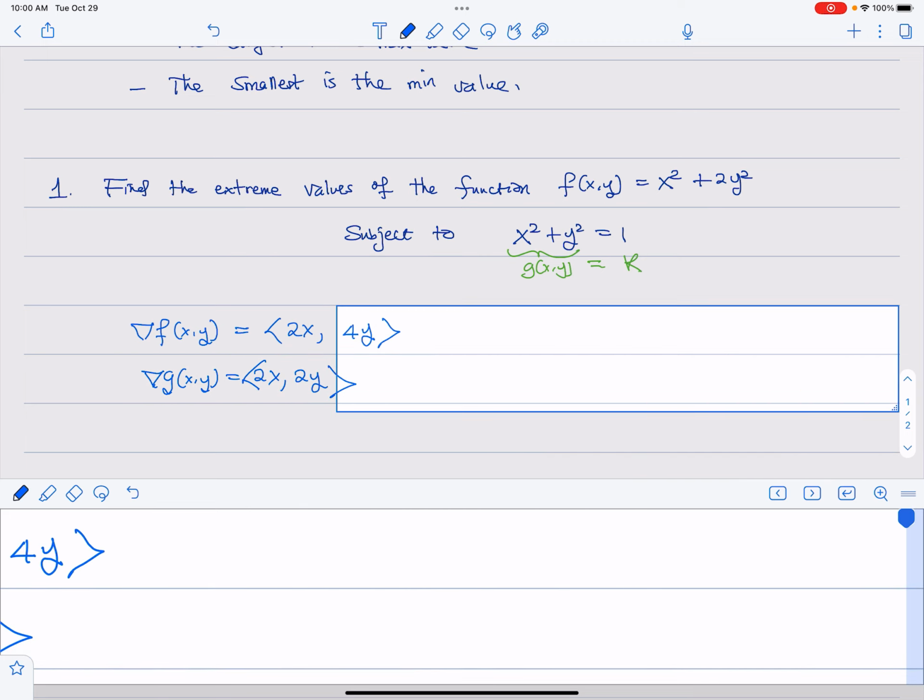If you look at this surface, this is obviously an elliptic paraboloid, and this is a circle.